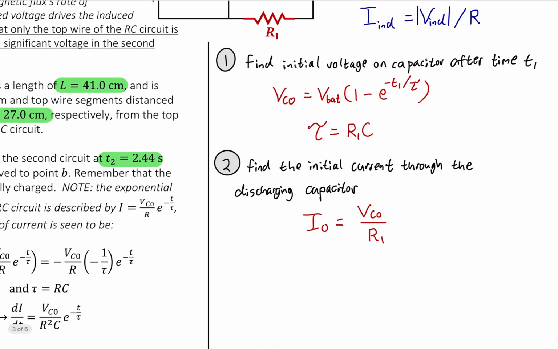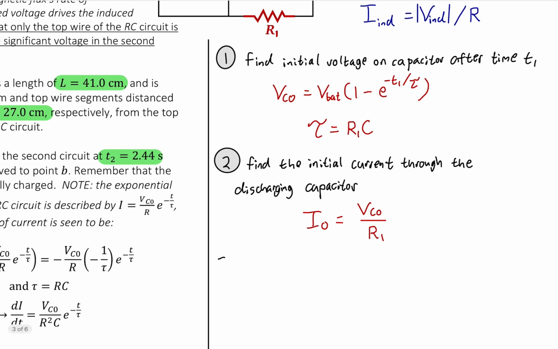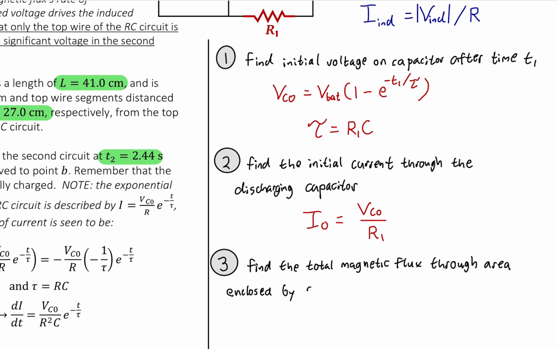So that means that our next step, in fact, will be finding the total magnetic flux through the enclosed area. So find the total magnetic flux through area enclosed by the small, I'll call it induced circuit.